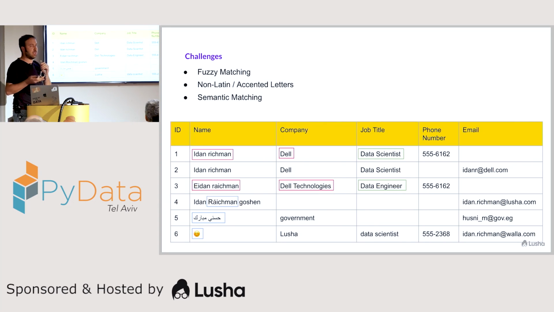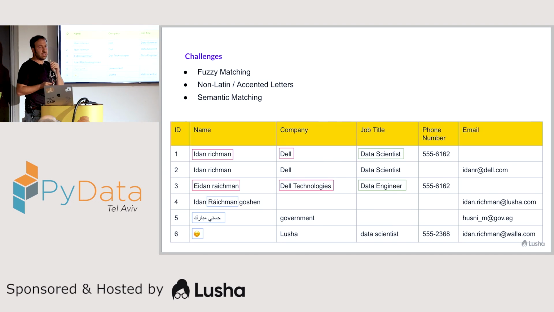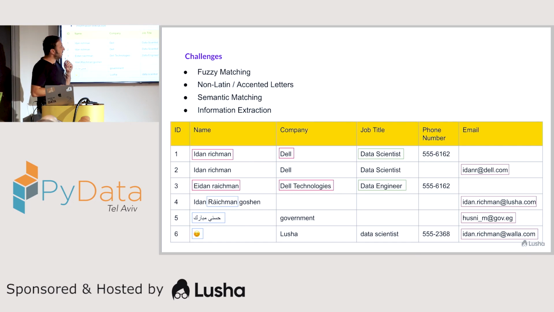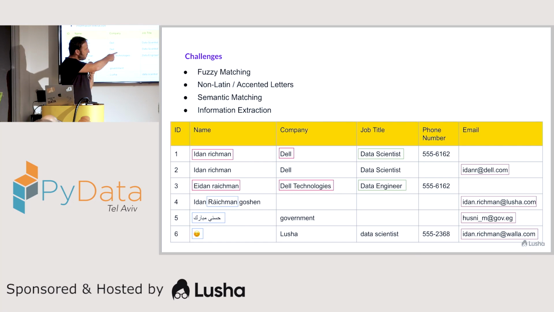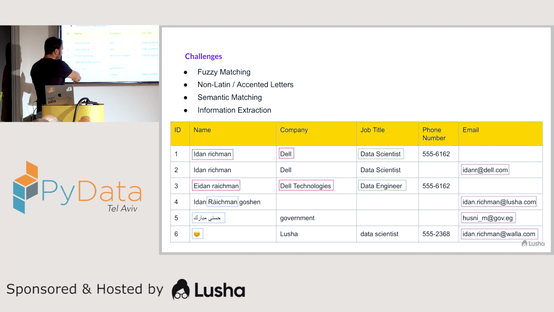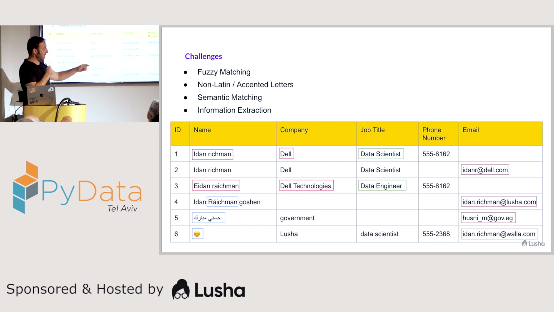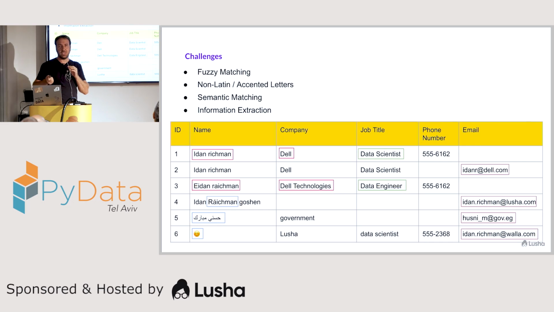We could say these are the same semantically, or at least close, although these are different strings. And we've got information extraction, for instance from the email field. In this one we have a smiley, but I can extract the name from the email, or the company from the email domain.